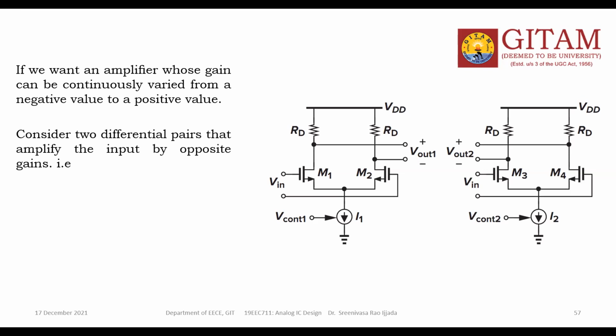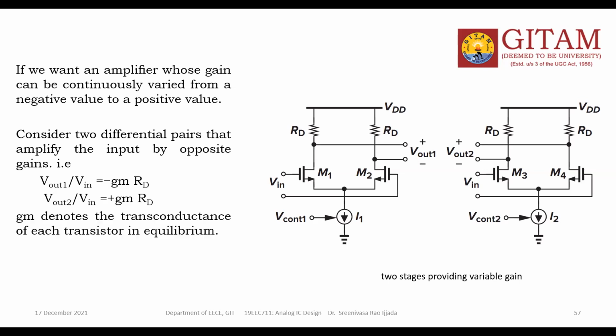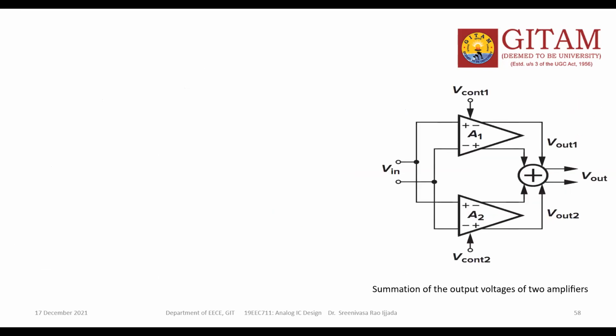So that is the two differential pairs we have taken. But how can you combine these? There are two separate outputs, V out 1 and V out 2, but we want only a single output from which we can collect this range of gain. For that we need a summing circuit. As I already told you, the left hand side gain is minus gm RD, and the right hand side is plus gm RD.